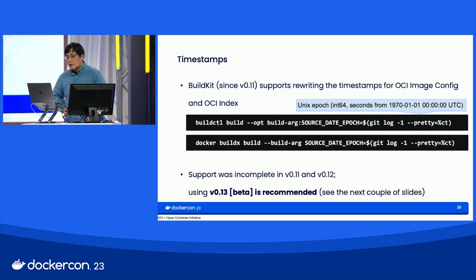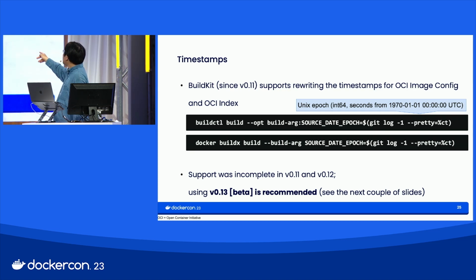BuildKit supports writing the timestamps of these OCI metadata since BuildKit version 0.11. You can use the buildctl command or the docker buildx command like this with the SOURCE_DATE_EPOCH argument: buildctl build --opt build-arg:SOURCE_DATE_EPOCH=$(git log -1 --pretty=%ct).